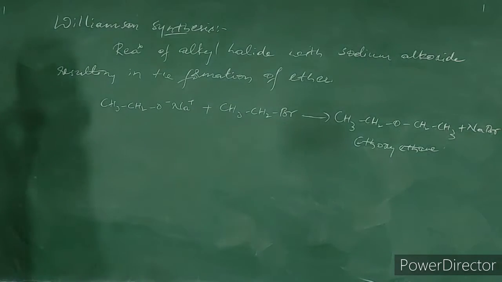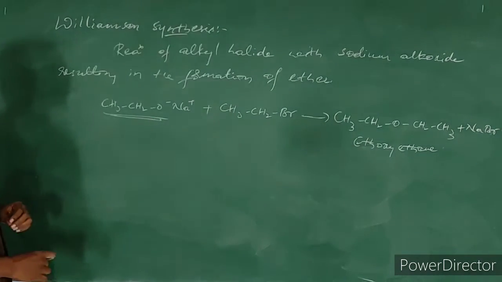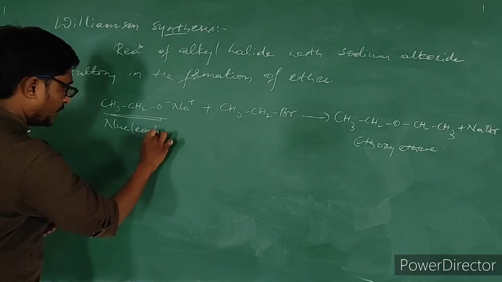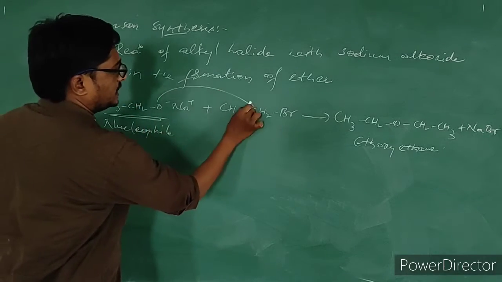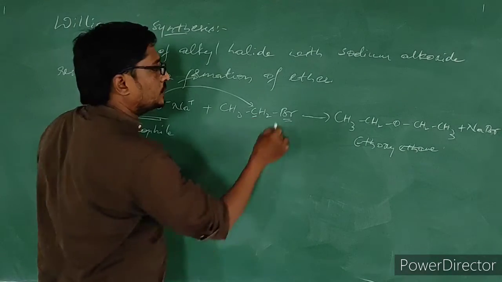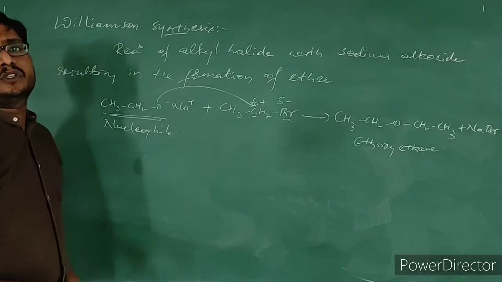Here if you see, this alkoxide ion will act as a nucleophile. It acts as a nucleophile, so this will attack the positively charged carbon. You know that bromine is more electronegative than carbon. So this bromine will develop partial negative charge, and this carbon will develop partial positive charge.